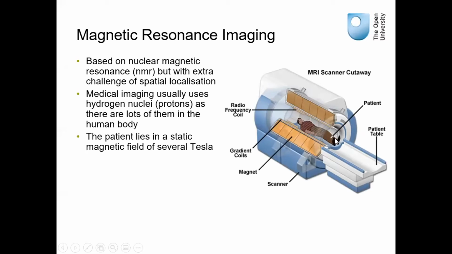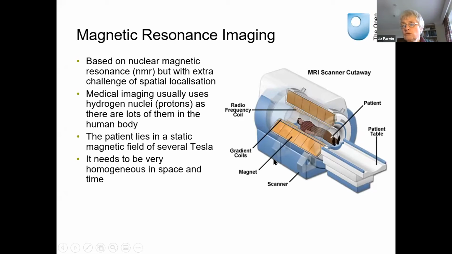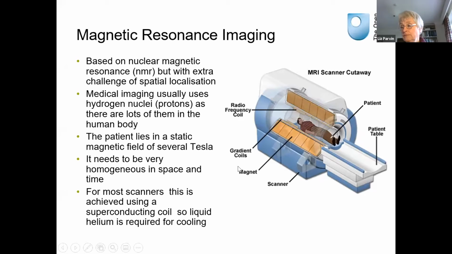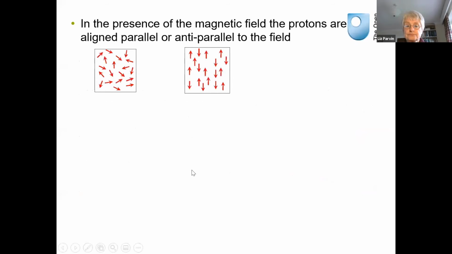It's a static field. It needs to be extremely homogeneous in space and time. And so for most scanners, all these high field scanners, we do this with a superconducting coil, and you need liquid helium to keep the superconductor cool. So it's technologically complex. So there's the patient lying in the field.